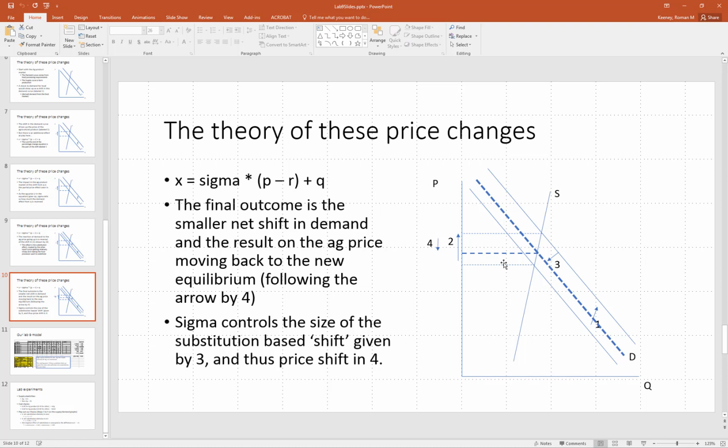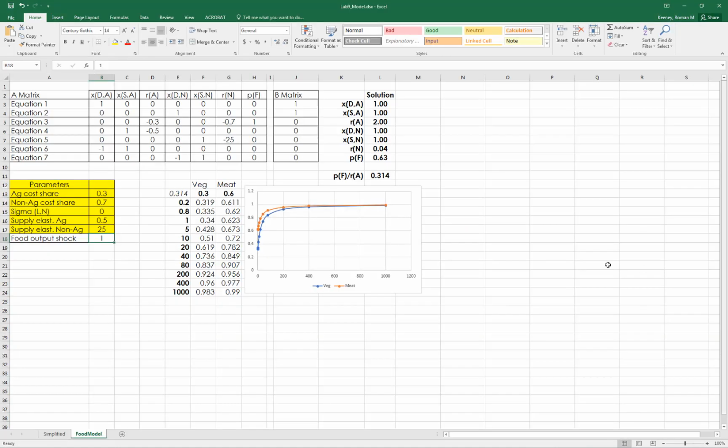Parts 3 and 4 are the reverse shift of the derived demand curve, a measure of how much substitution there is, so we can turn that off by setting the substitution level to 0.